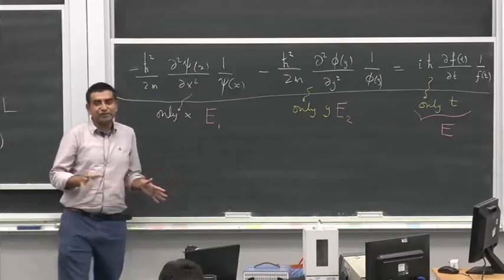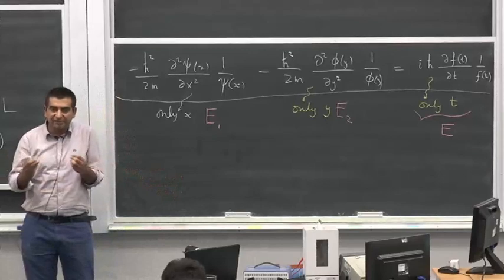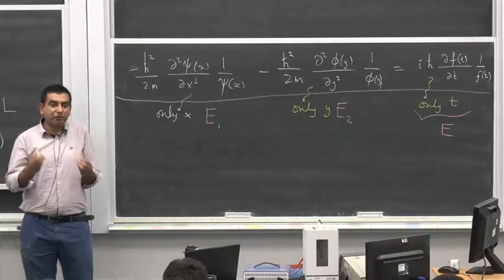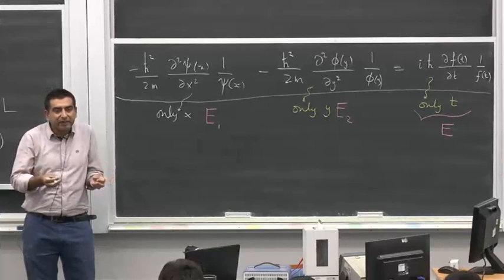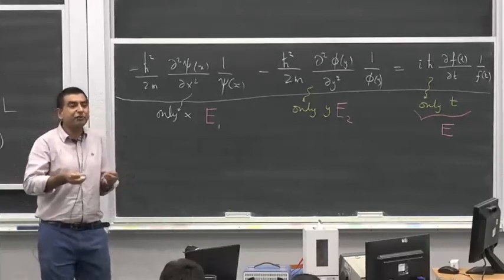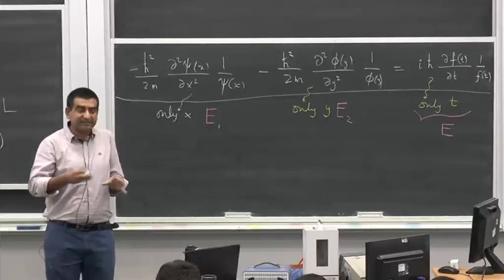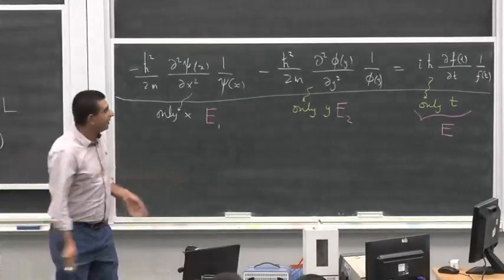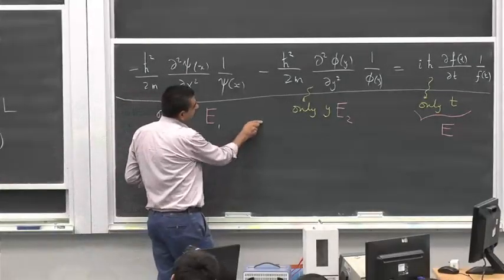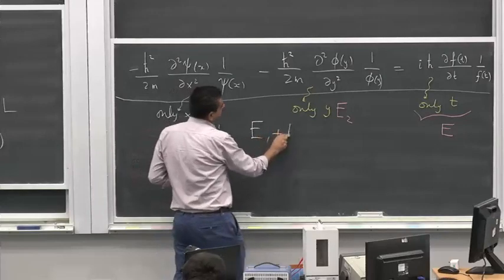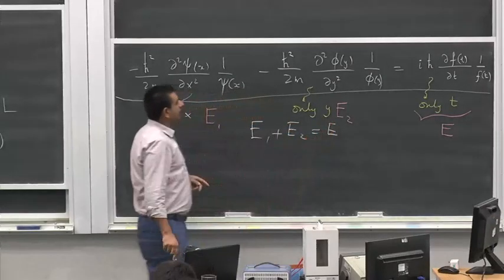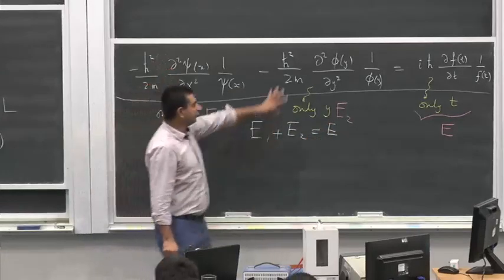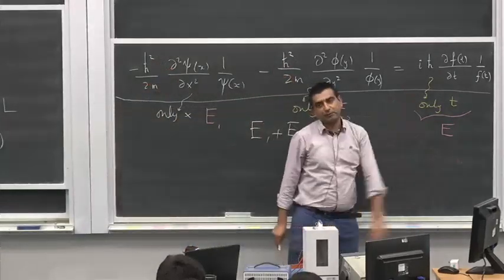I'm calling these constants E's just because I know actually that these are going to turn out to be energies, but you don't need to know this beforehand. The symbol E is just a symbol. So I have the relationship that E1 plus E2 must equal E. Now E1 equals this term, E2 equals this term, and this term equals E.